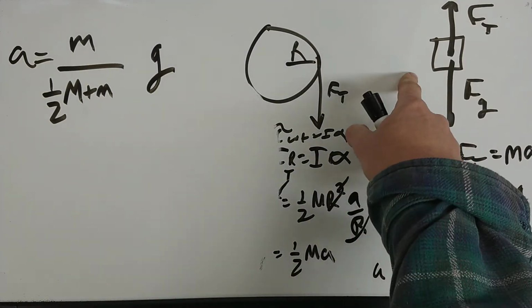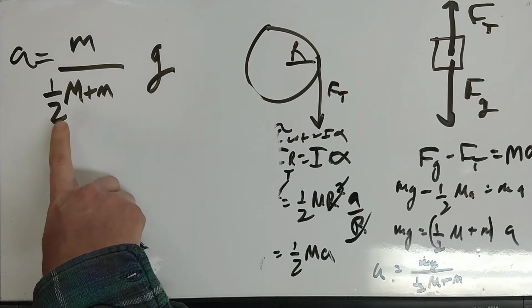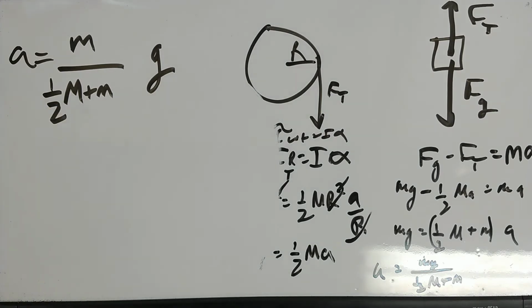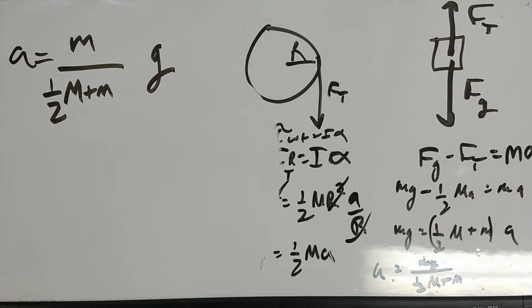Little m is the hanging mass, that's the 3, divided by the sum of the total mass, but we're using the coefficient here. So it's like the little mass proportion of the total mass. 1/2 of 1.5 plus 3. All right, that gives me 0.8. 0.8 times g.